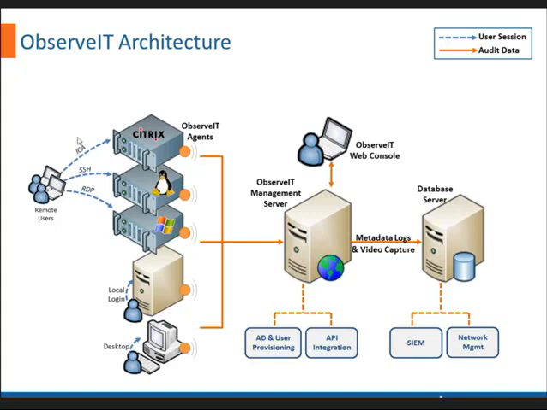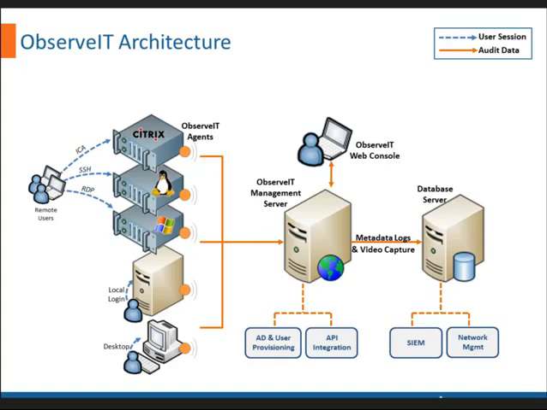Okay. The way that Observit works is that it's a software agent that is deployed on any machine, whether it be a desktop machine or a server, and that server can be Windows servers, Linux servers, Unix servers, Citrix gateway servers, virtual machines, whatever the case might be.